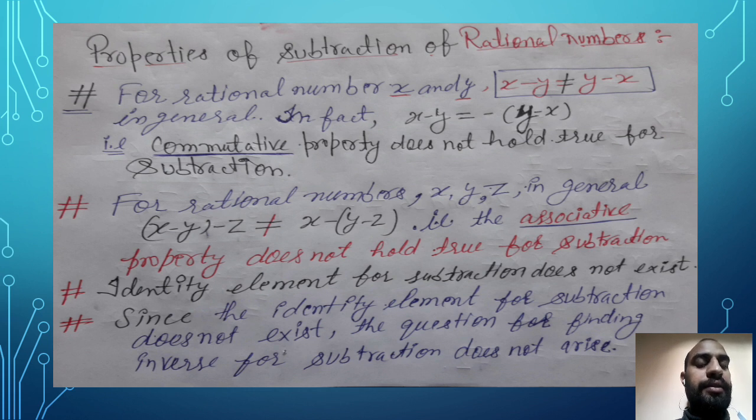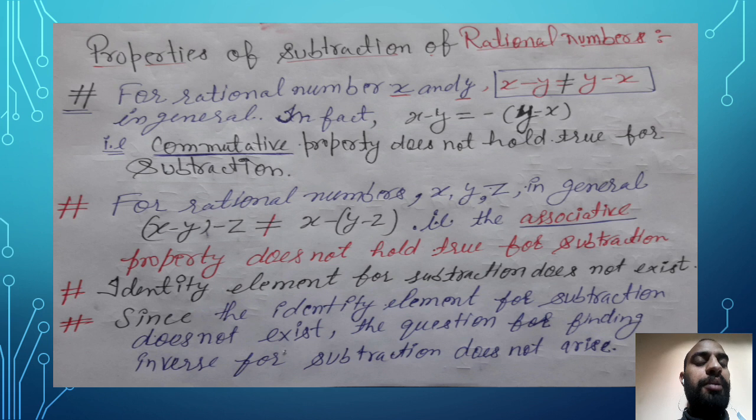So let's take the next case, when we are writing some numbers inside a bracket and some numbers outside the bracket. We did this part in case of addition, and we came to know in addition left hand side is always equal to right hand side. Why? Because addition is associative.